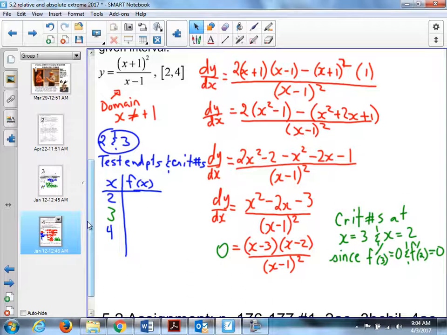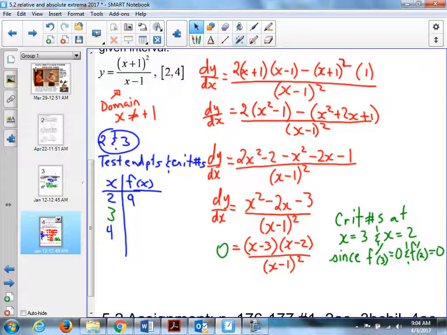So x squared plus 1 over x minus 1. Can we do this in our head? Okay? So I'm going to plug 2 into here. 2 plus 1 is 3 squared, that's 9, divided by 2 minus 1, so divided by 1. That's 9, right? Check out my arithmetic, I make mistakes. I'm doing this in my head.